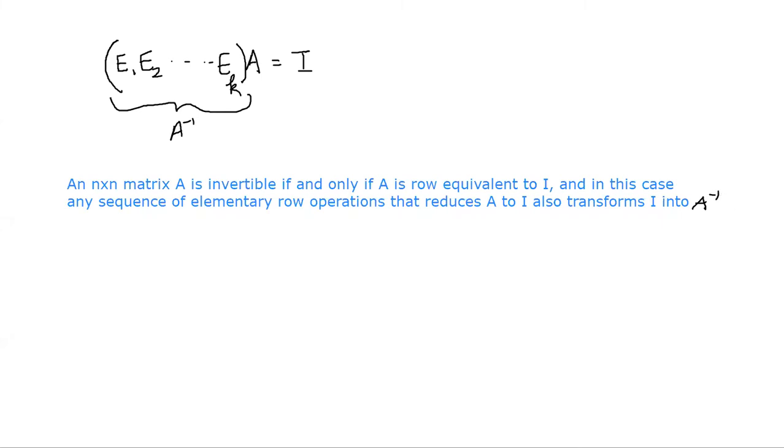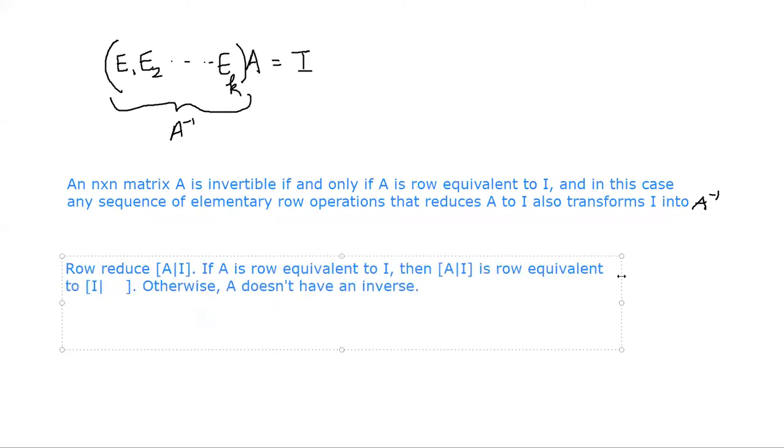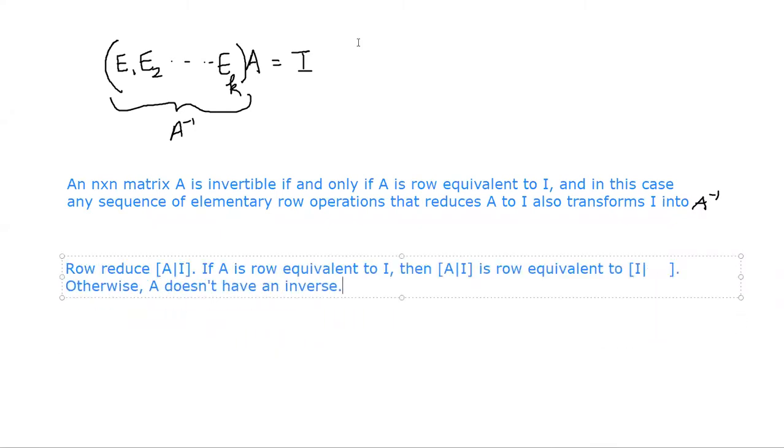Okay, so the last few minutes that we've been talking about elementary matrices may have seemed complicated, but it is all leading up to a really easy algorithm to find the inverse of a matrix if it's invertible. So here's our algorithm. We're going to take our matrix A and augment on the identity matrix.